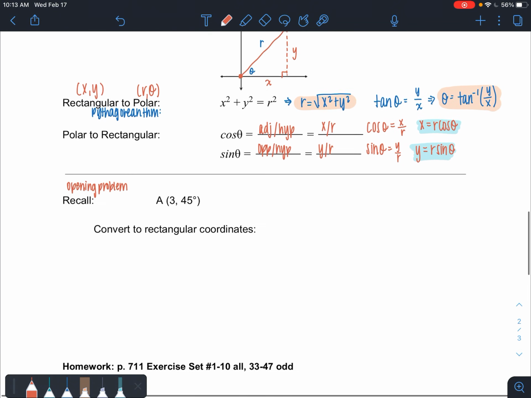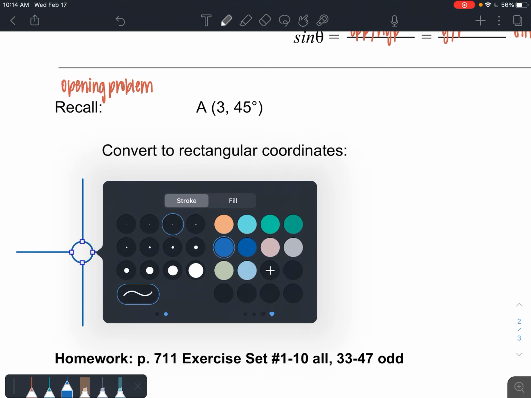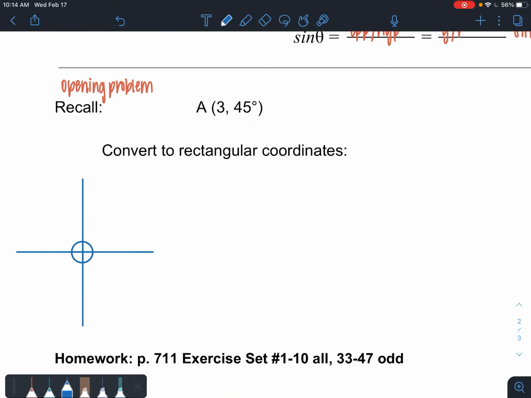I'm going to do a rough sketch of that down here for reference. So 345 would be about right here.